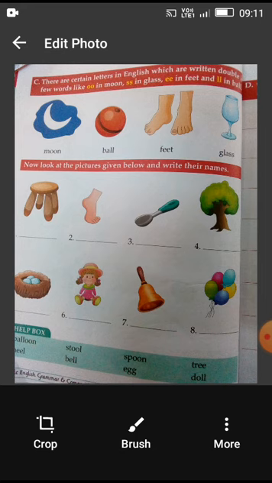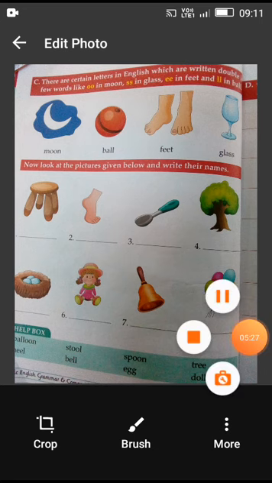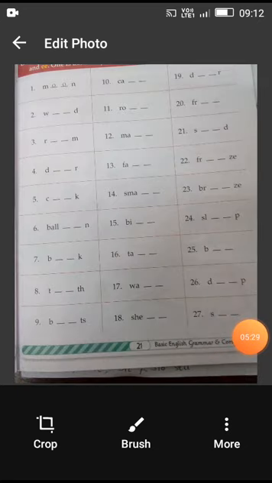Now you see the next exercise. Open your book, page number 21. On page number 21 you can see the exercise on using double letters. OO double letters, LL double letters and EE double letters.